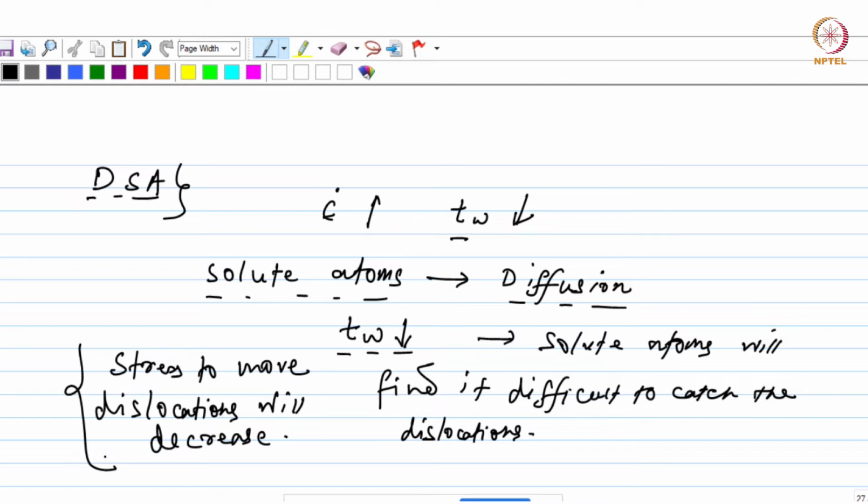And easy movement of dislocations means easy deformation, so it will require less stress for the deformation to take place. So here, as you increase the strain rate, the stress will decrease, unlike the previous case where there was no occurrence of DSA. The stress is going to decrease with increasing strain rate.